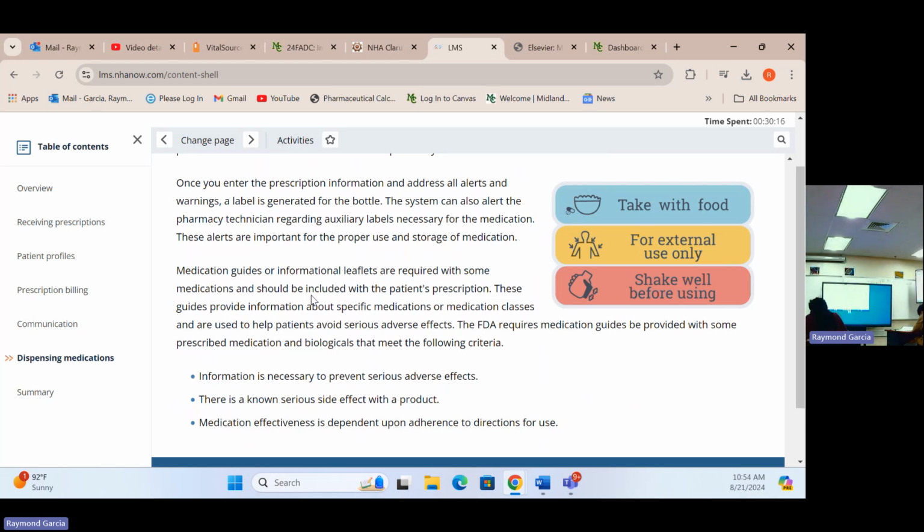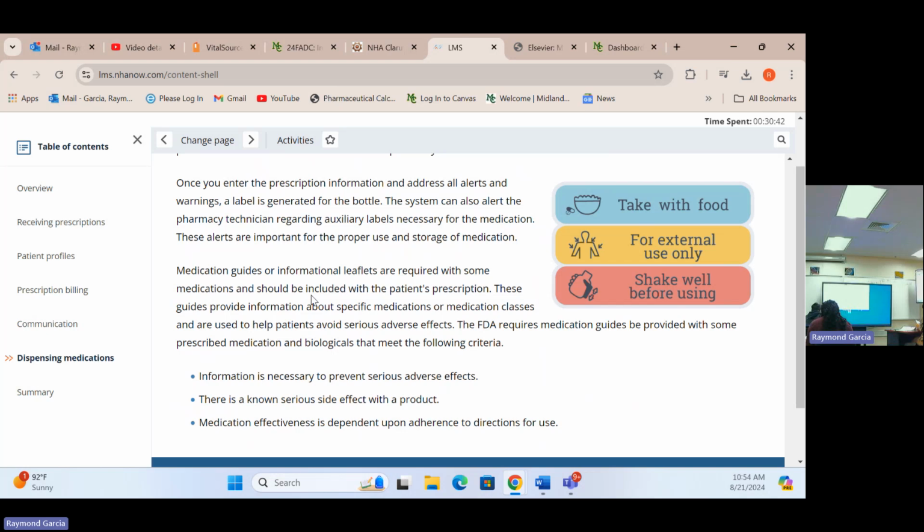Medication guides or information leaflets are required for some medications and should be included with the patient's prescription. These guides provide information about a specific medication or medication class and are used to avoid serious adverse effects. The FDA requires medication guides be provided with some prescribed medications and biologicals.